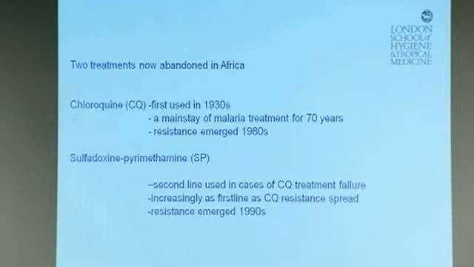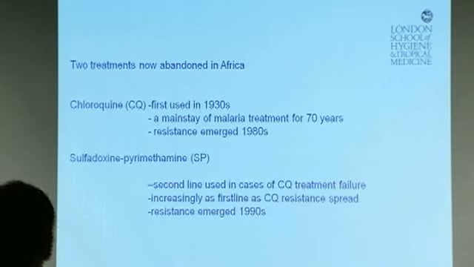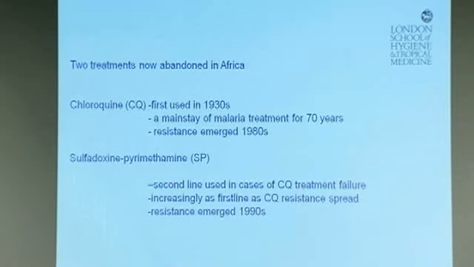Resistance in Africa to chloroquine only really emerged in the 1980s. When chloroquine resistance spread and chloroquine treatment was failing, people were using SP as a second line, and gradually it came to replace chloroquine as the first-line therapy. And resistance to SP emerged in the 1990s, so about a decade later.